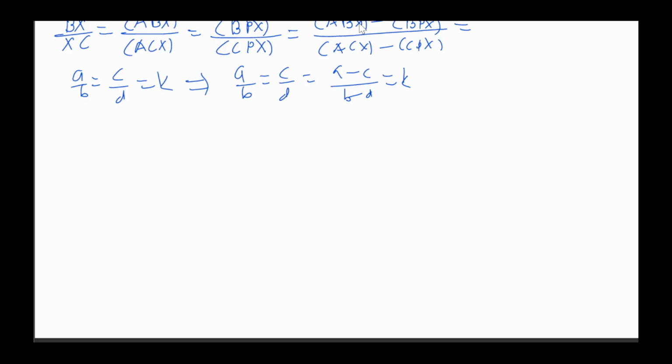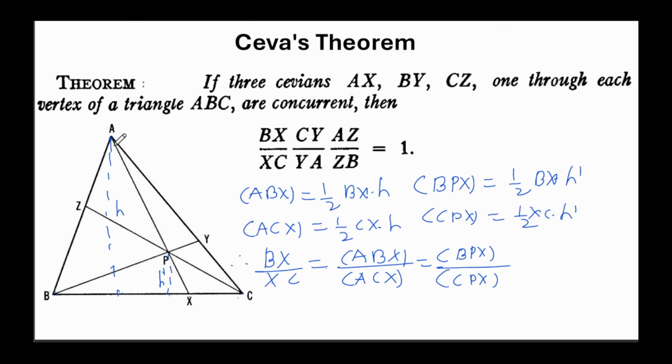Now area ABX minus area BPX will give area APB. Similarly, area ACX minus area CPX is equal to area APC.